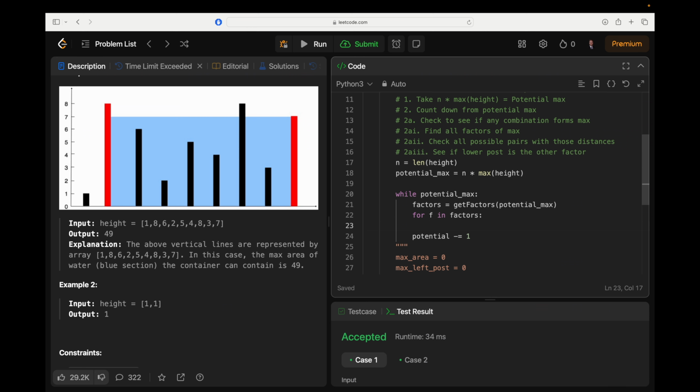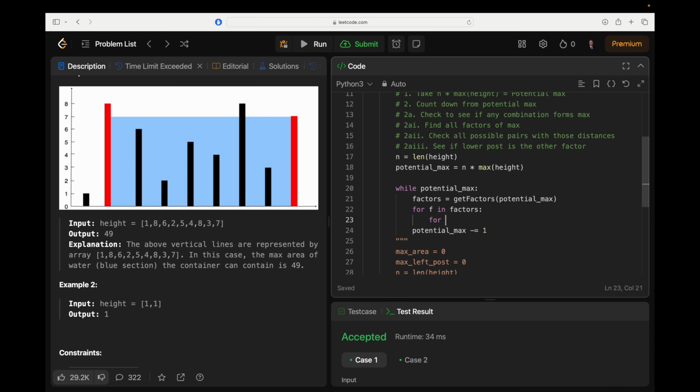For f in factors, for i in range length of height. No, we can just do n minus f.